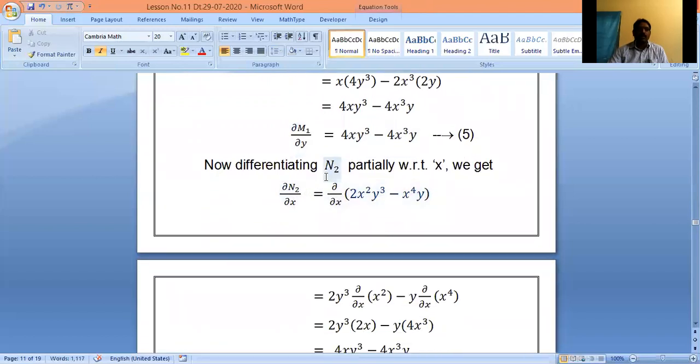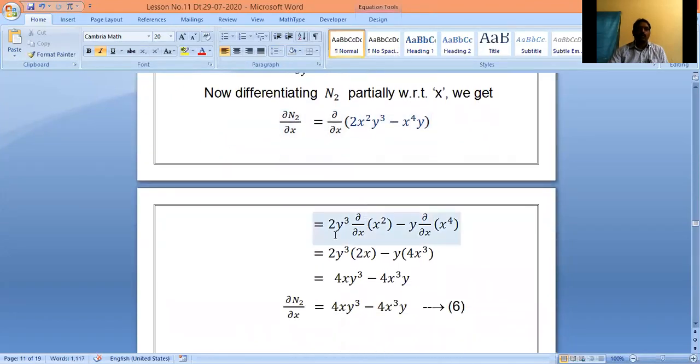Now differentiating N2 partially with respect to x, we get dou N2 by dou x is equal to dou by dou x of 2x square y cube minus x to the power of 4 into y. Here differentiating partially with respect to x, treating y as a constant. In this first term, 2y cube is constant. Therefore, it can be written as 2y cube into dou by dou x of x square minus, in the second term, here y is constant.